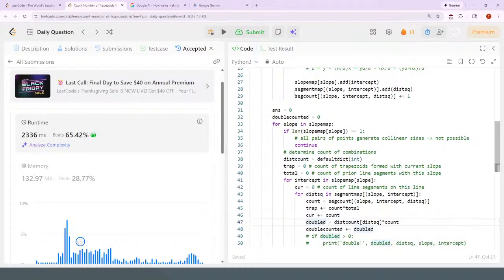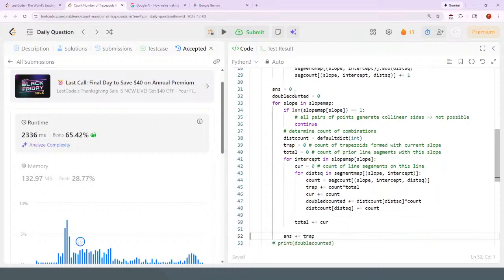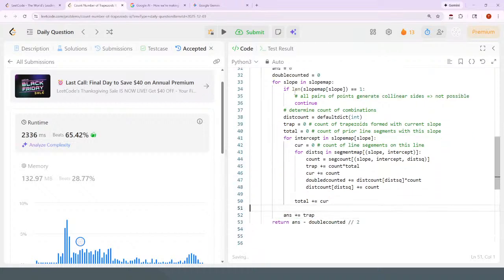I think I could probably just remove this variable. Alright.